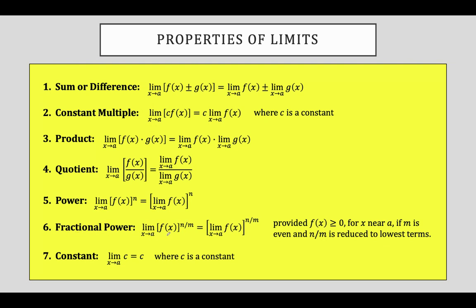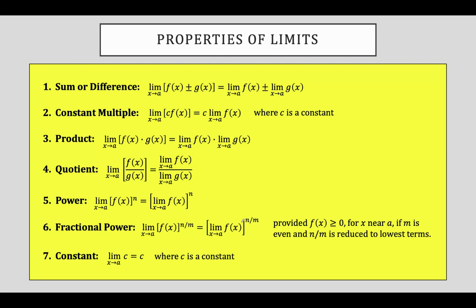The limit as x approaches a of f of x raised to the fractional power n divided by m is equal to the limit as x approaches a of f of x all raised to the n divided by m. Again, notice we are evaluating the limit of f of x first, and then we can raise it to the power, provided f of x is greater than or equal to 0, for x near a if m is even and n over m is reduced to lowest terms.